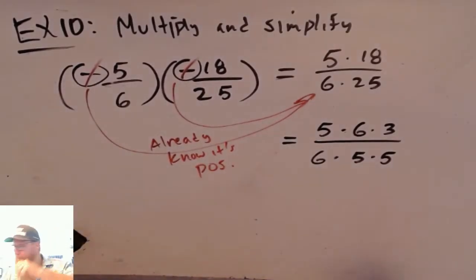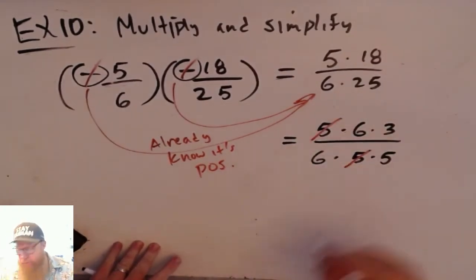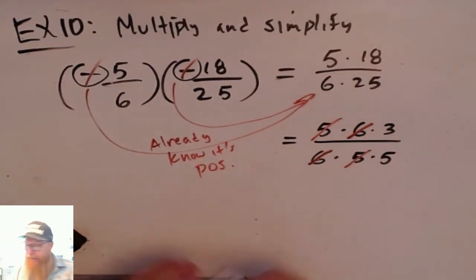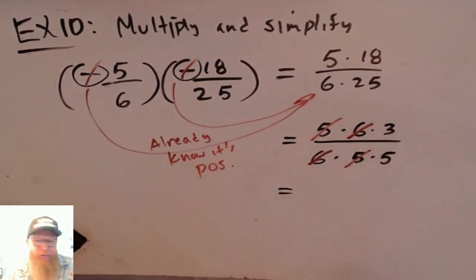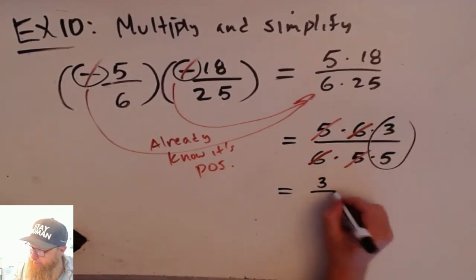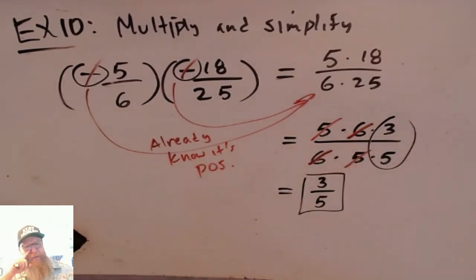Okay, so you got a matched pair of 5s. That's a factor of 1. You got a matched pair of 6s. That's also a factor of 1. I don't have to actually put the 1 because I still have some leftovers. We often refer to those as the leftovers. We only put a 1 if there are no leftovers.